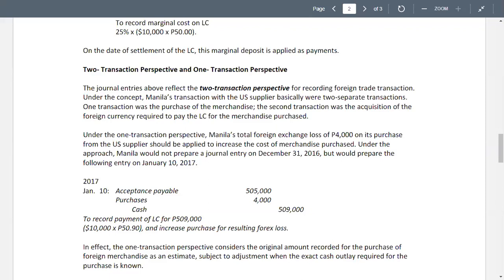The pronouncements of the International Accounting Standards Board are called International Accounting Standards or the IAS.